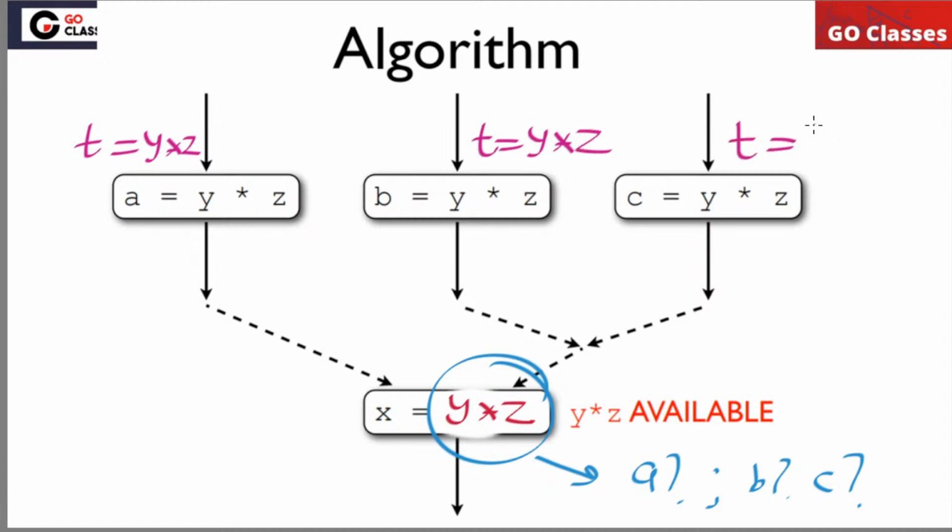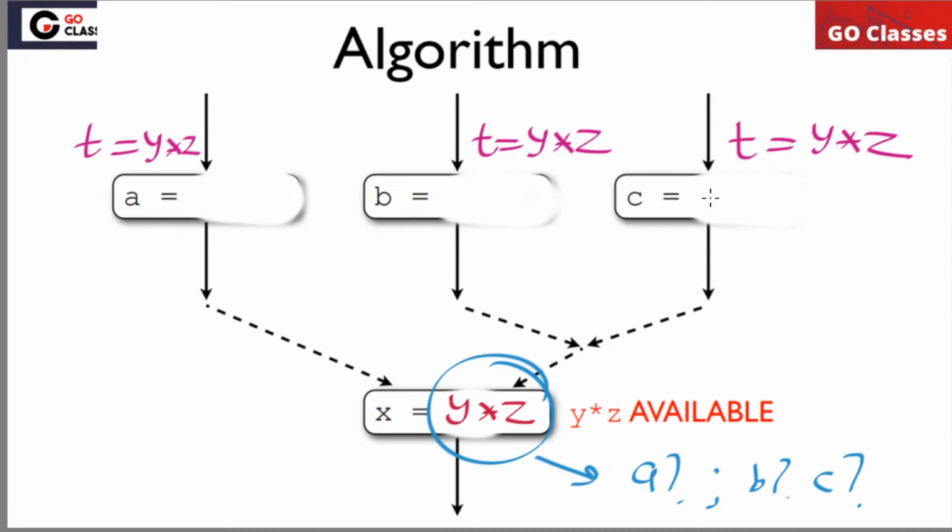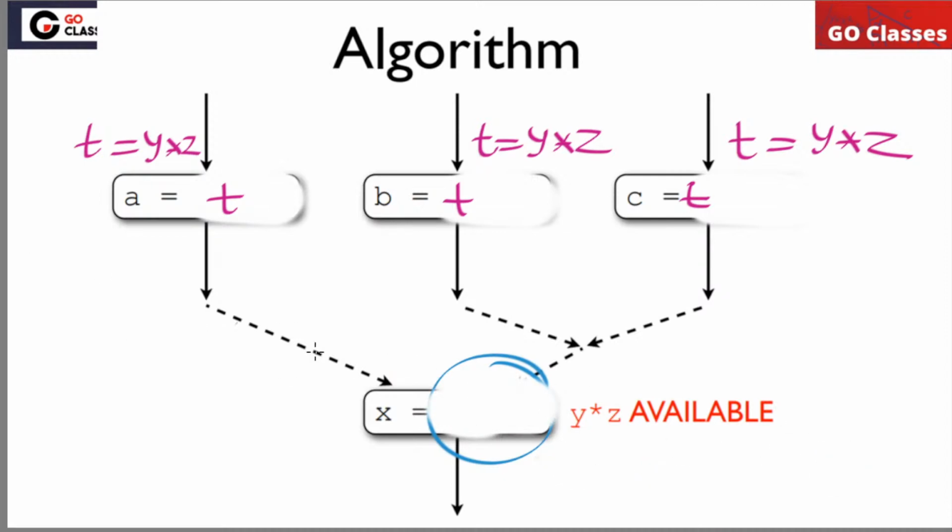Here also it will do t equal to y into z, and here also. Then the compiler will remove these computations and put t here, t here, t here, and the final one will be replaced with t.